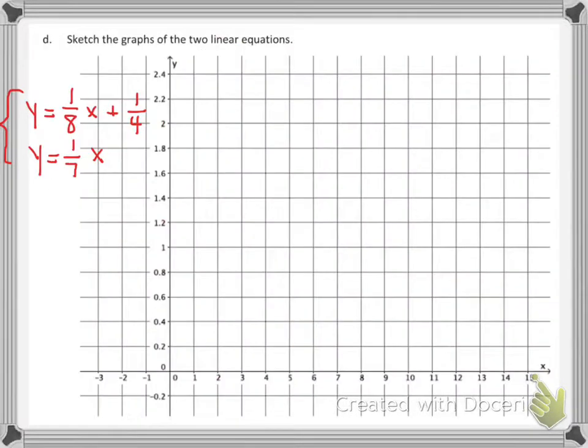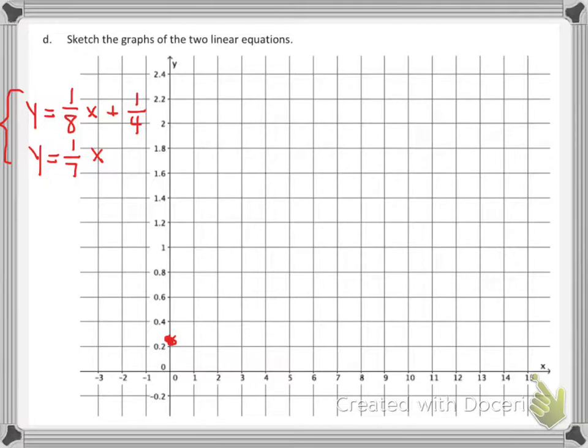All right, so let's take our system of equations and graph both lines and see where they intersect. And that will be the solution to this system, or simultaneous equations. If we start with the first one, a y-intercept of 1/4 is going to be just barely above 0.2, 0.25, so somewhere in that area.